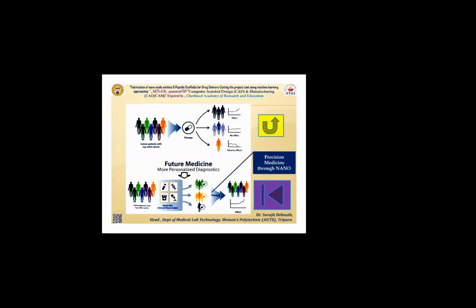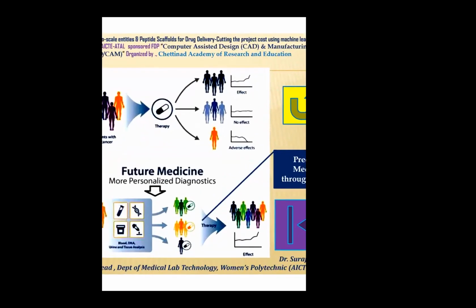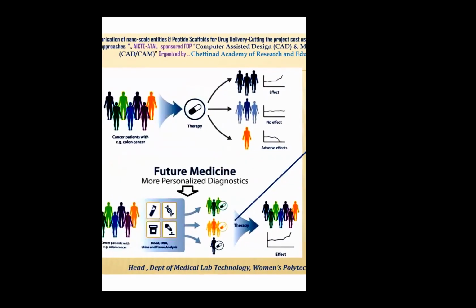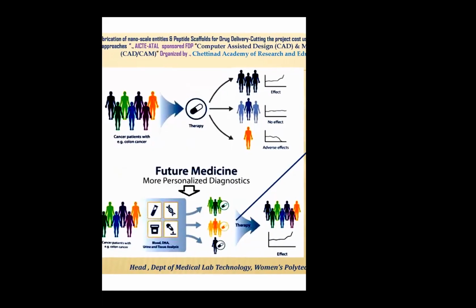So if you see, there was a general pill. This pill was useful for a particular group of patients, but subsequently it was of no use for another group of patients. Therefore, there is a desperate need of a custom-made medicine or a precision medicine for each and every person. There will be a specific type of medicine which will be delivered to the person, and subsequently everybody will have sufficient efficacy and get rid of the disease.